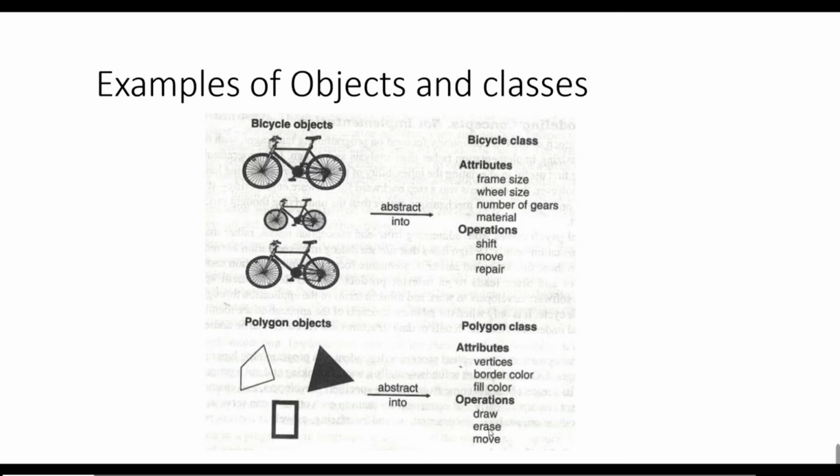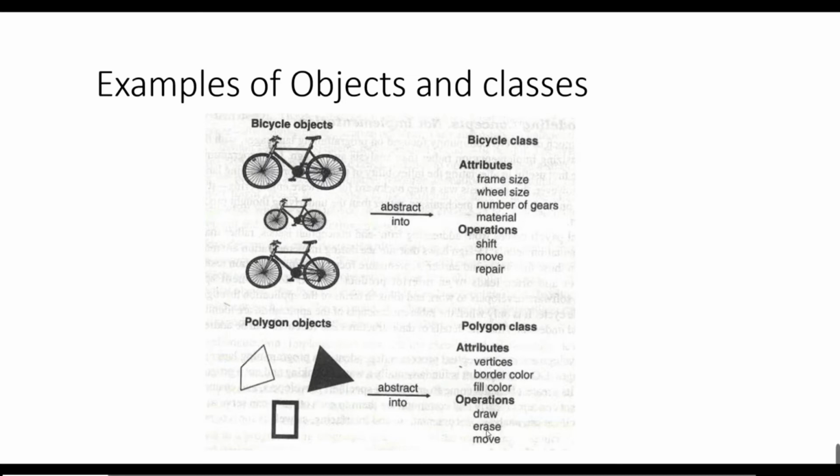They are draw, erase, and move. It means in this software we can draw this polygon. For example, after we draw this polygon and store it into a file system, next time after we load the file, we need to draw the polygon again.